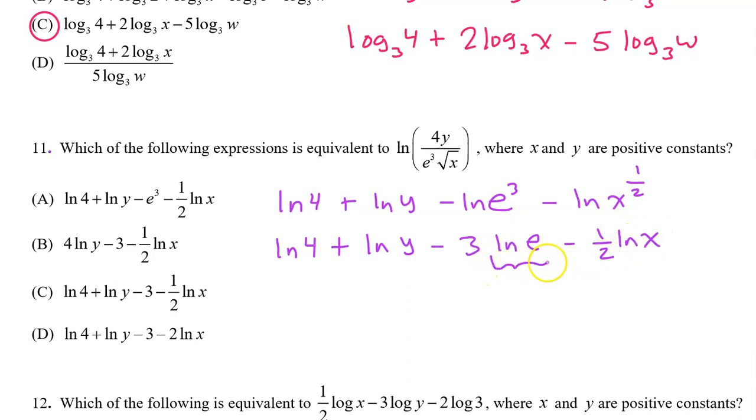The natural log of e is 1 because natural log really means log base e, so natural log e is log base e of e, and e to the 1 power is e. So this is 1. So that means when I look at the answer choices, I will not see it show up. Okay, it's just going to be a 3. So looking back, we see that the answer is C.